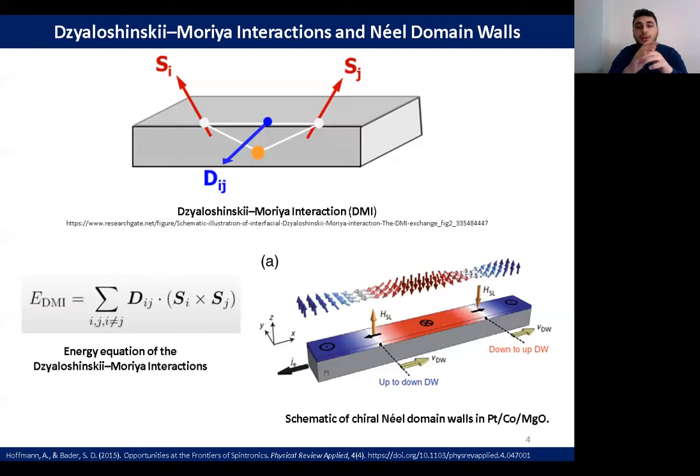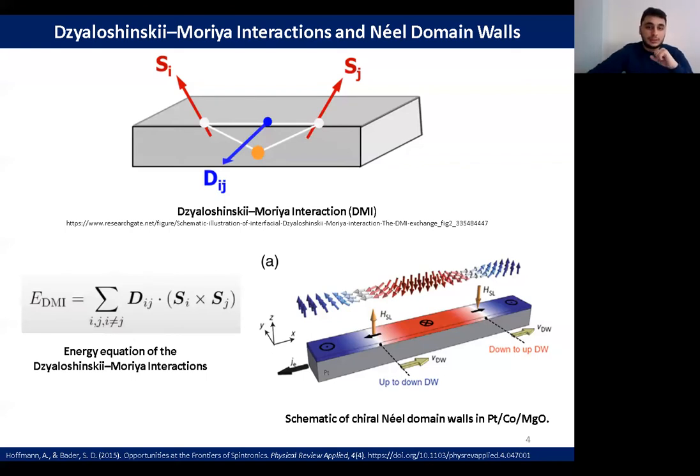And these arrows are due to the spin transfer torque resulting from the spin Hall effect. Up to down and down to up domain walls are affected by magnetic fields in different ways: up to down is, we can see, parallel to the layer, and down to up is anti-parallel to the magnetization.